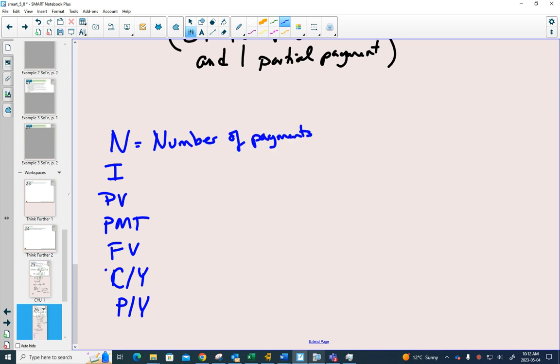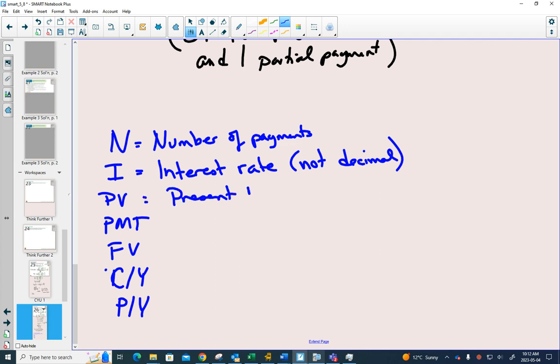The N is your number of payments. Your I is your interest rate, but you just put it in as a natural interest rate. You don't have to put it in as a decimal. PV stands for the present value. PMT stands for the payment.